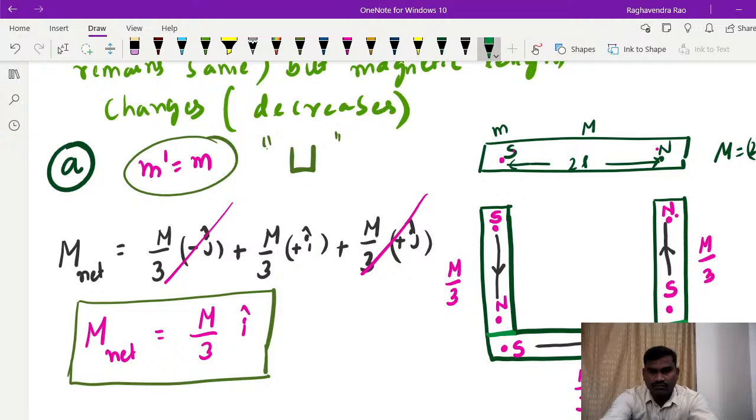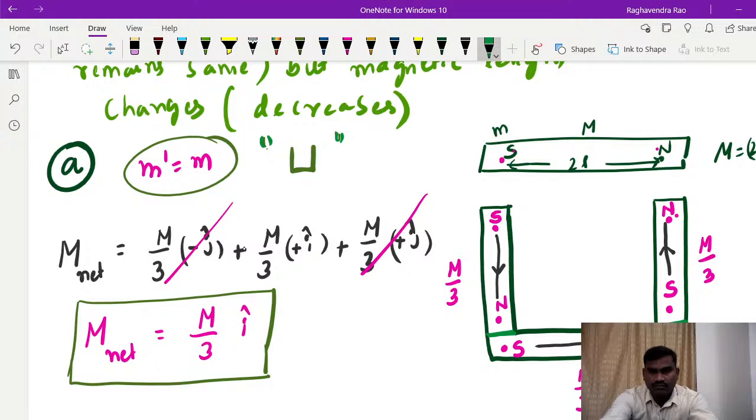In this, a bar magnet is bent in the form of a U shape, or a shape which looks like this. Now this is a bar magnet of magnetic pole strength m and magnetic moment M. The magnetic moment of this bar magnet is 2l into m.